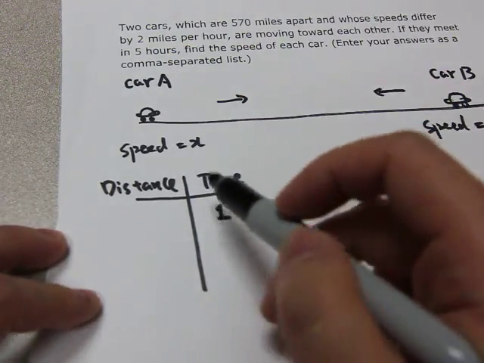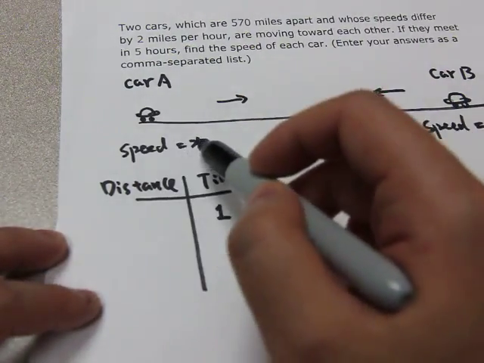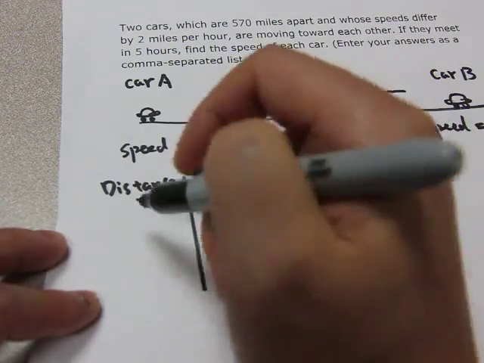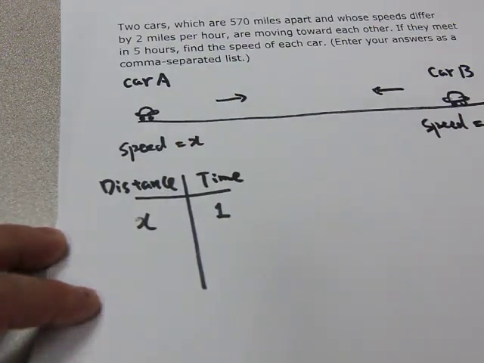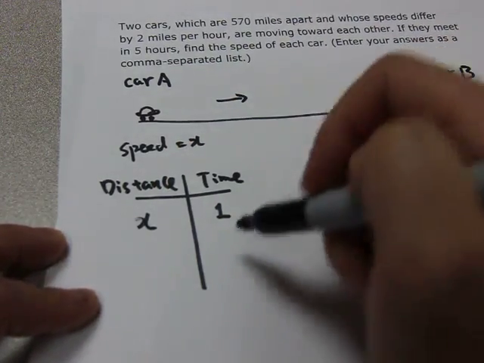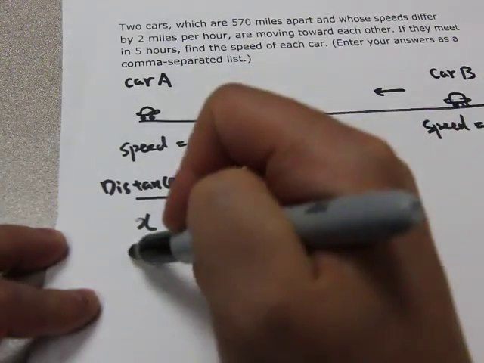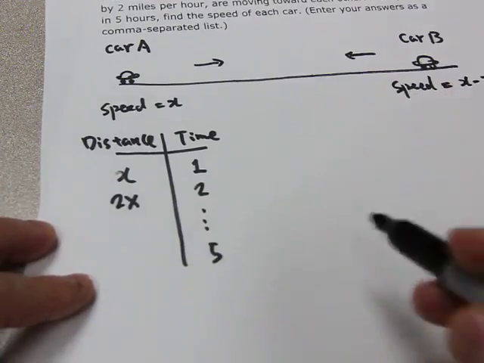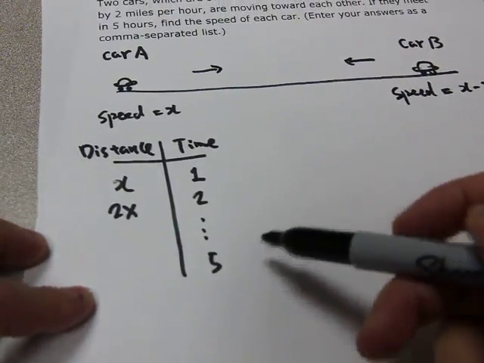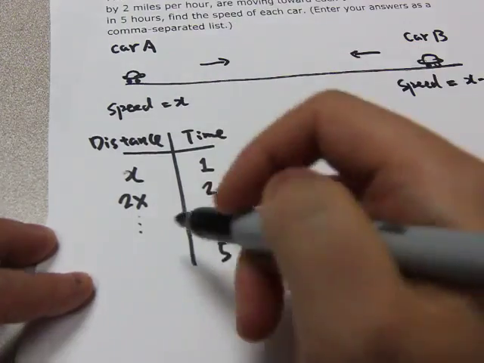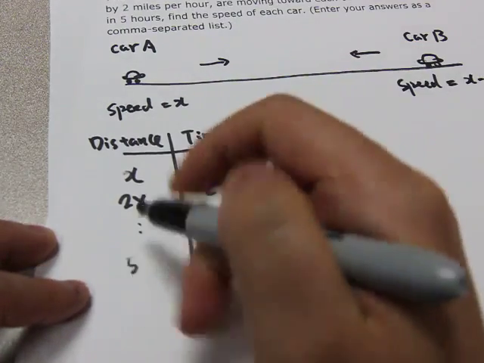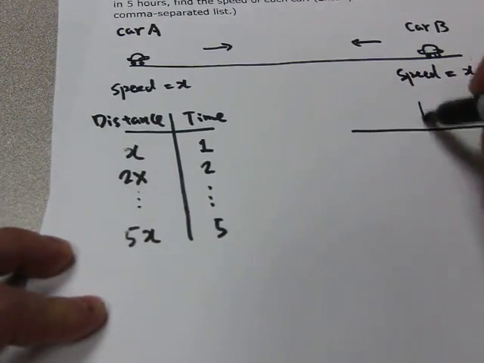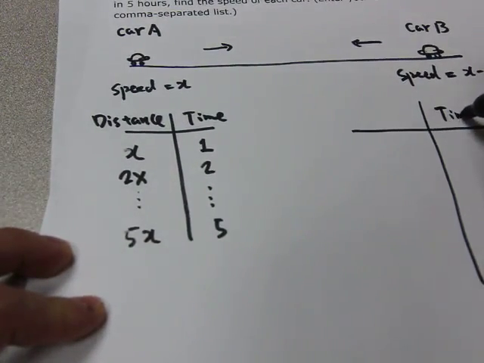Car A will travel the speed x multiplied by this 1 hour. So it will go x miles, right? And after 2 hours, it will go 2x miles. Therefore, after 5 hours, car A will go 5x miles.